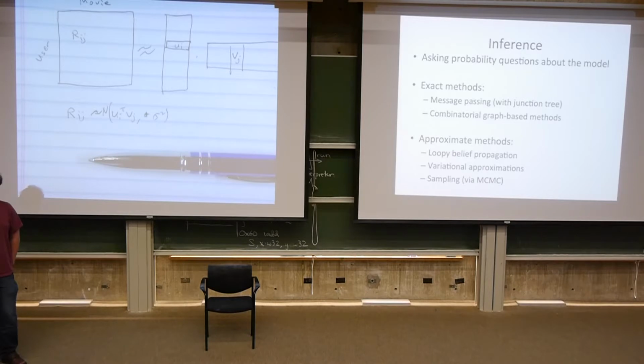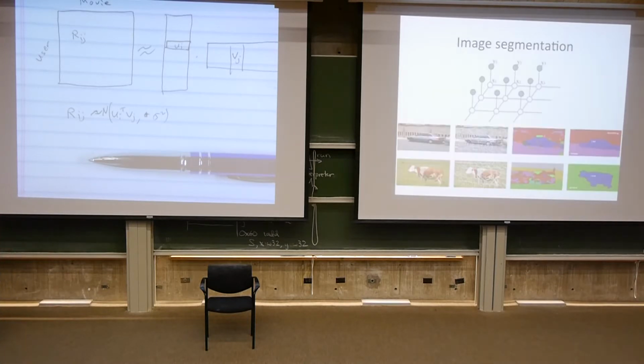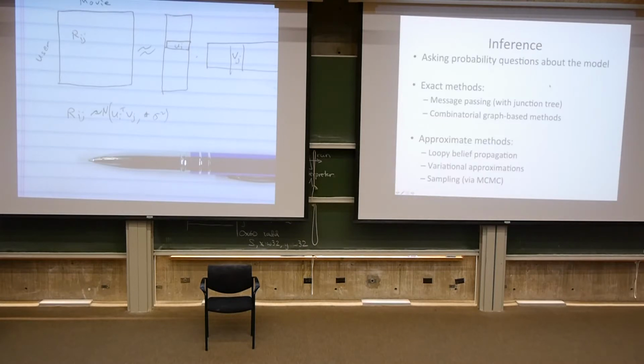Or you might want to say, what is the conditional distribution of this variable given this other information that I've seen? So for example here, what are all the values of the x's given all the observed pixel values of the y's, that kind of thing.